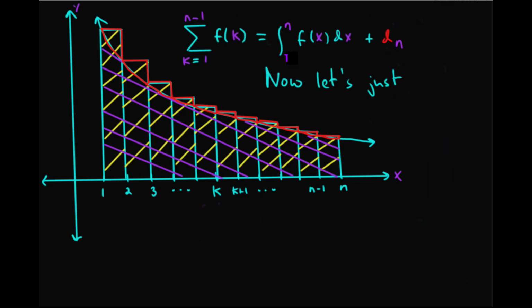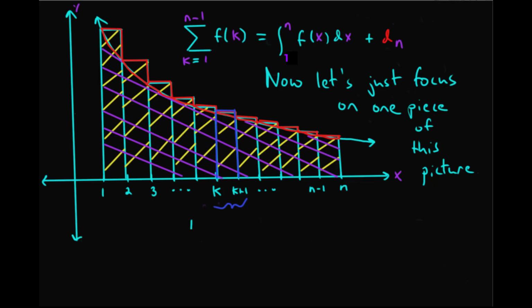but now I just want to focus on one small piece of this picture. I just want to focus on the rectangle based at x equals k, so this is just some general value for x, which I've labeled as k. It's based from the point k to k plus 1, so it has a base width of 1, and the height of the rectangle is just f of k. So let me just zoom in on this particular rectangle.